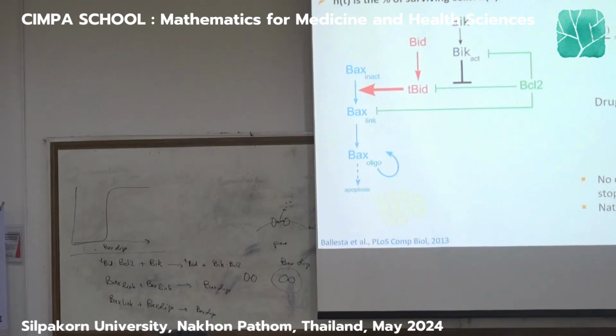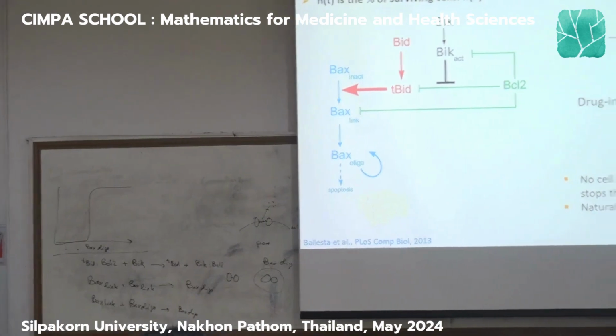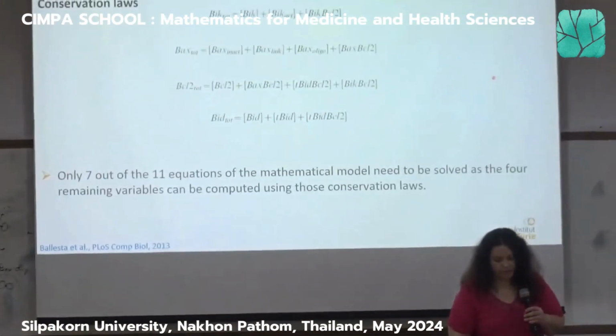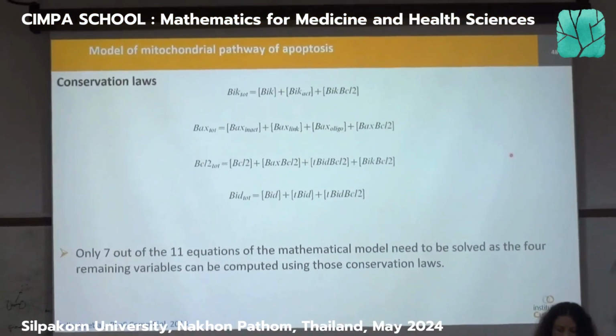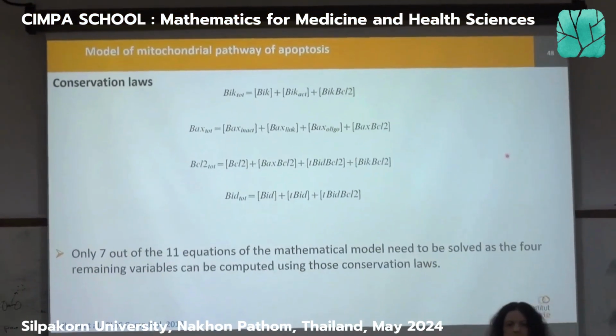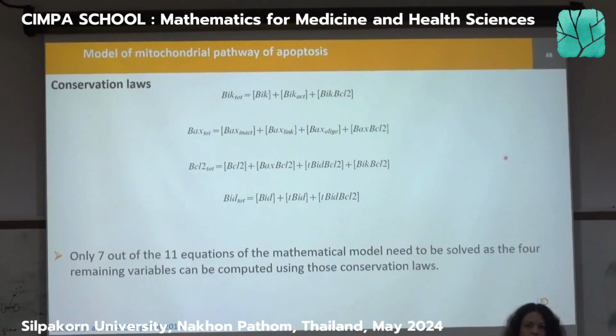Okay, so with that we have the whole system. And something else that we assume to simplify the problem a bit is that all families will have a constant total amount. This is something that we have seen in the experiments.